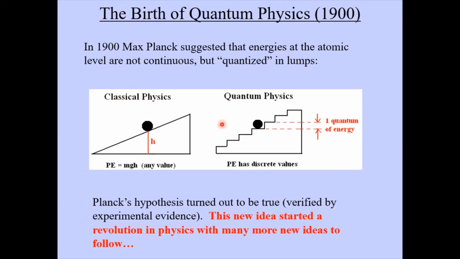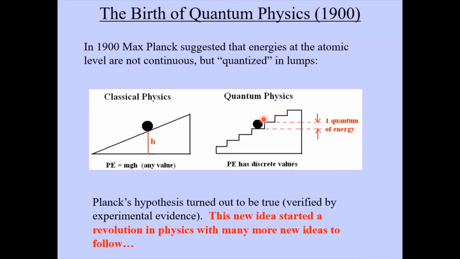But what Max Planck said is that down at the atomic level, this is not true. In fact, at the atomic level, Planck suggested that the energy levels are like stair steps. If we had an object, now this wouldn't be a ball, this would be something like an atom or even an electron in an atom, that electron would be sitting on one of these steps.